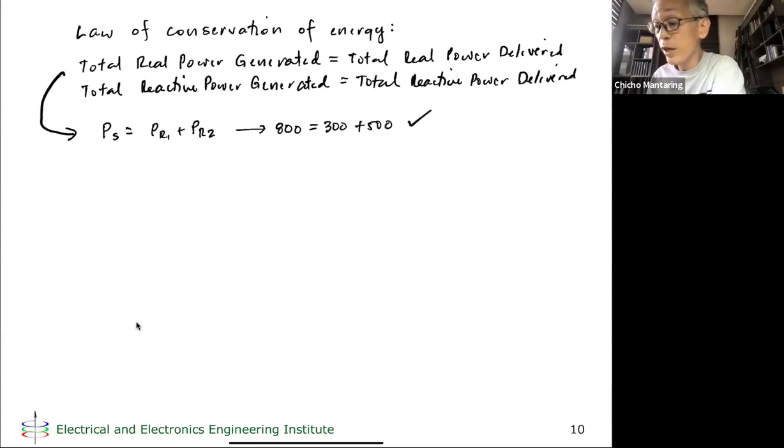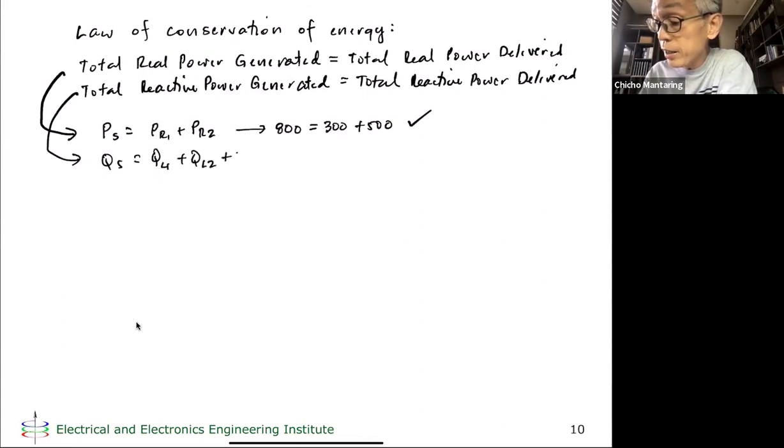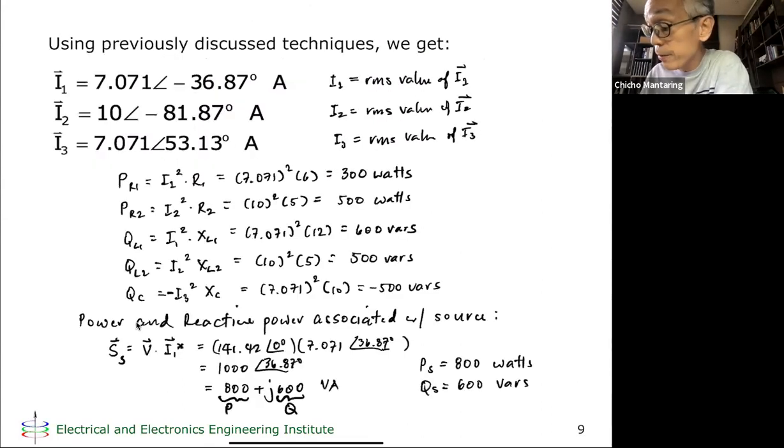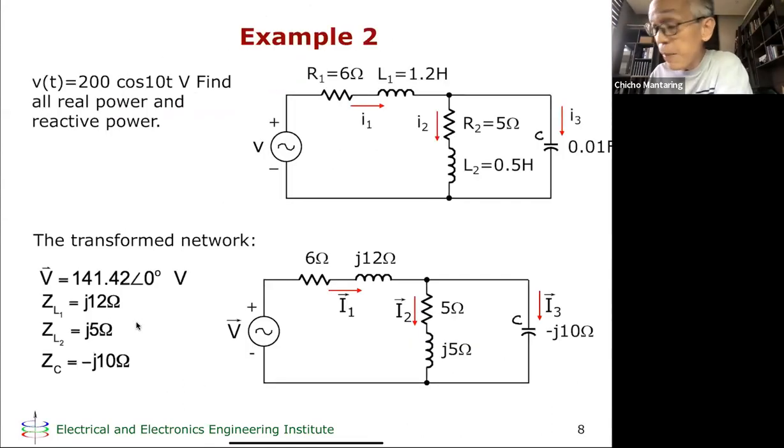So this is correct. Now, the total reactive power generated should be equal to the reactive power delivered to L1 plus the reactive power delivered to L2 plus the reactive power delivered to C. Because it's only your inductances and capacitances which will absorb reactive power.